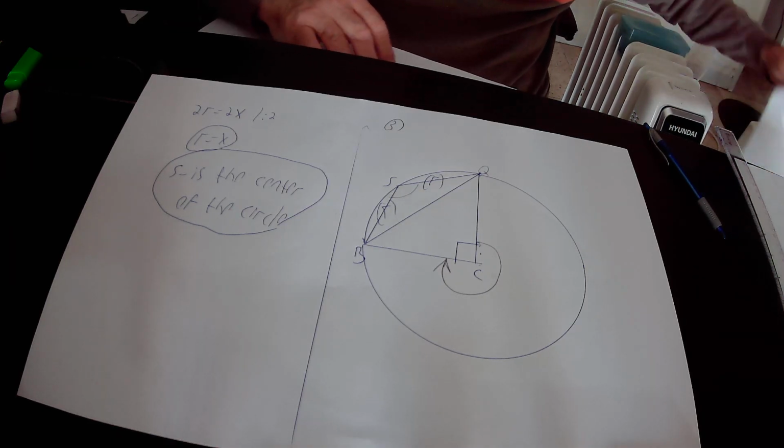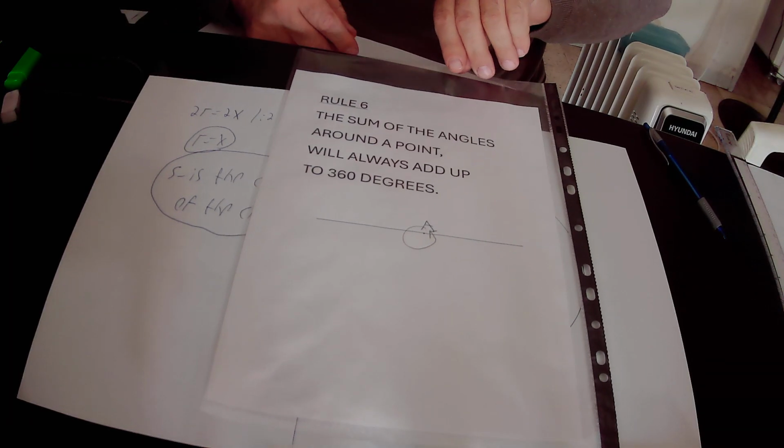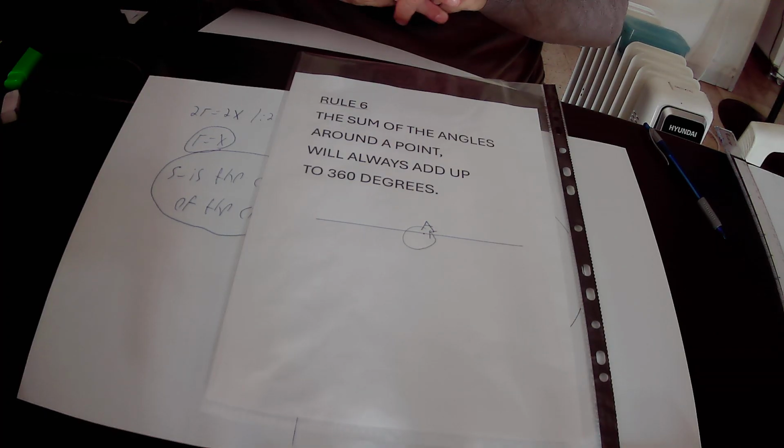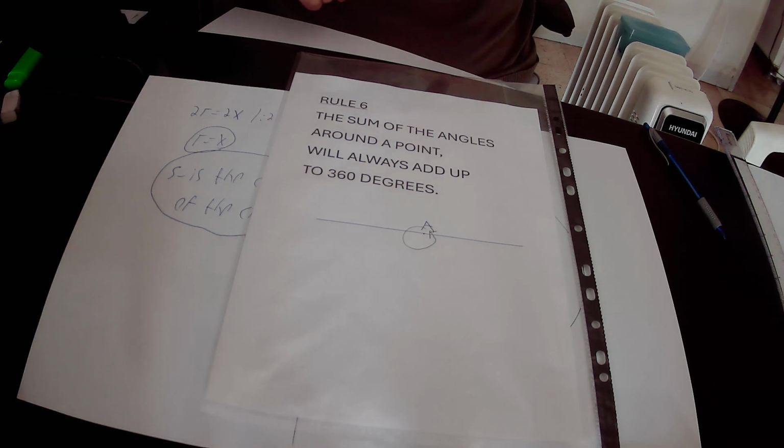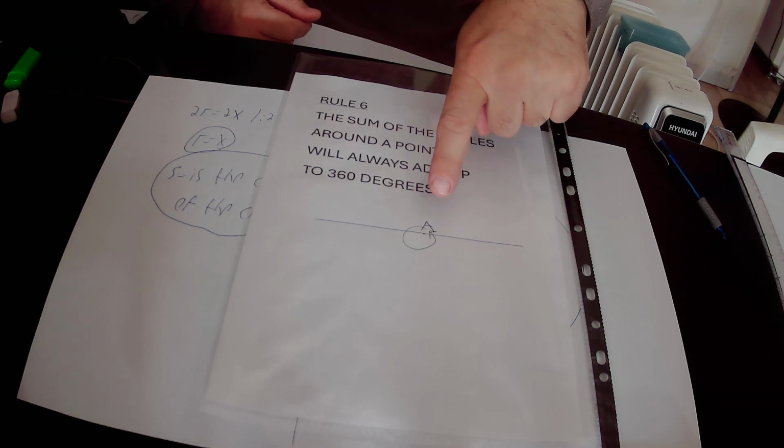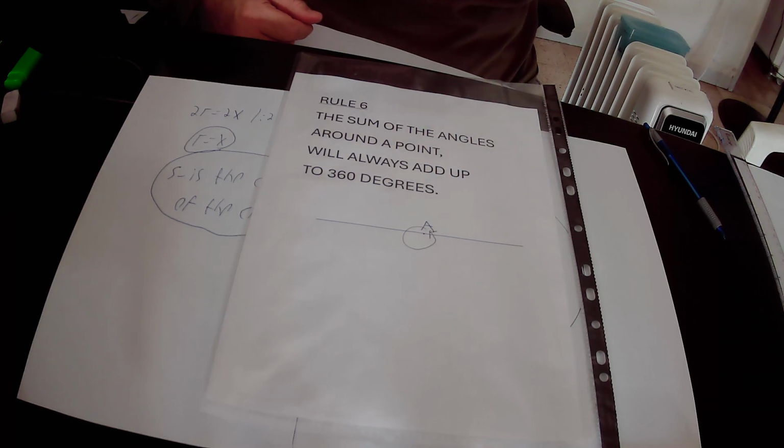According to rule number 6, the sum of the angles around a point will always add up to 360 degrees. So in the drawing we have, this is point A. According to this rule number 6, the sum of the angles around point A equals 360 degrees.